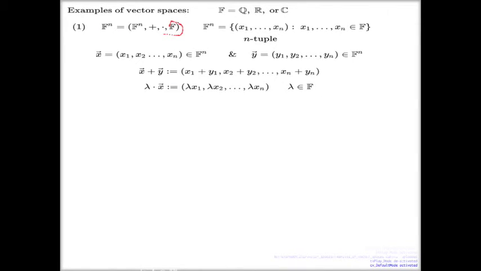I don't know if you know this term. I told you that the elements of F, we call them scalars. The whole set, cumulatively, we call it the field of scalars, and that's why F, actually. It's the official name.